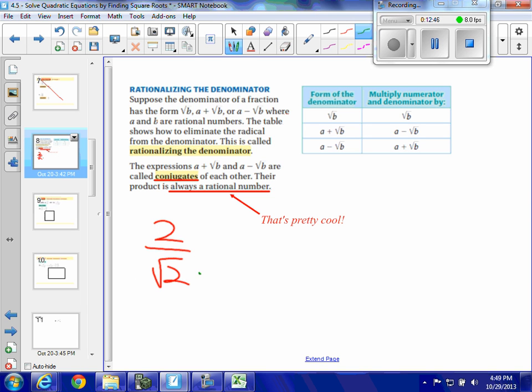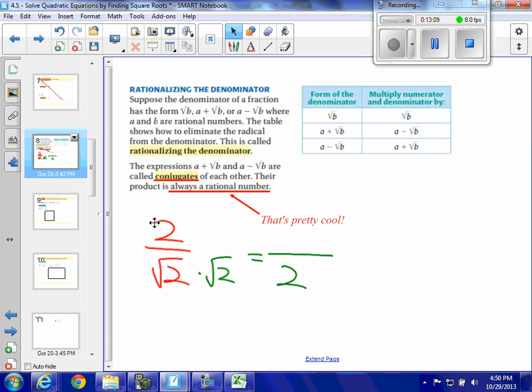I can multiply this by radical 2. If I multiply the radical by itself, then my denominator is going to be equal to 2. Right? Because the square root of 2 times the square root of 2 is the same thing as saying the square root of 2 squared, which is equal to 2.